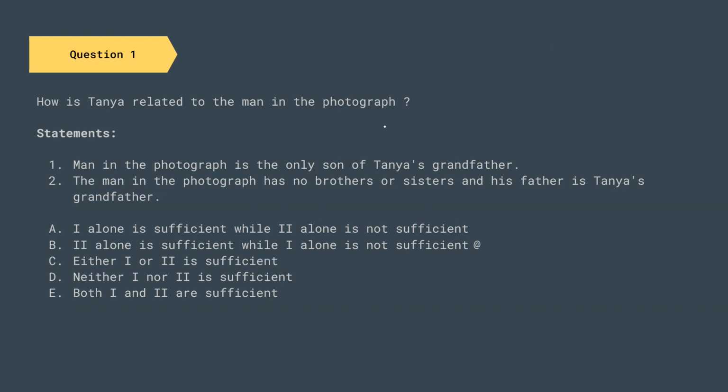Okay, so now they are saying that this person X, the man in the photograph, is the only son of Tanya's grandfather.